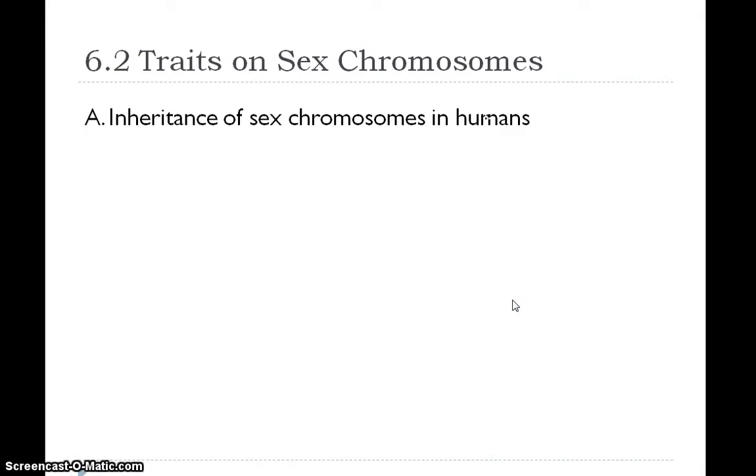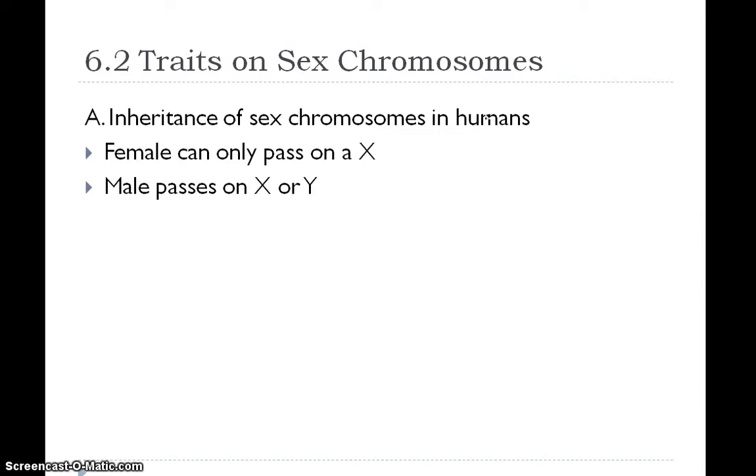So now we're going to take a look at how traits are carried and passed on if they are located on the sex chromosomes. This is chromosome pair number 23, the X and the Y. Before we specifically look at the X-linked traits or the Y-linked traits, let's review how sex chromosomes are inherited in humans.